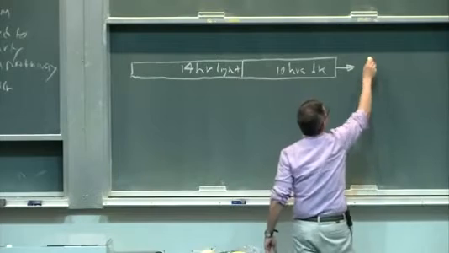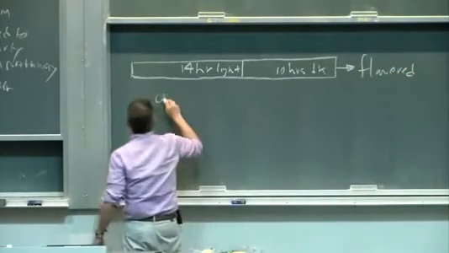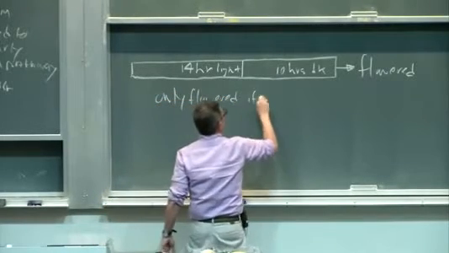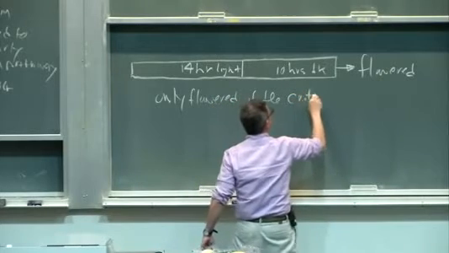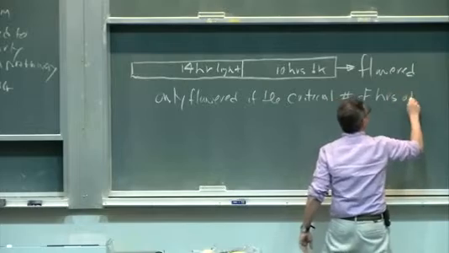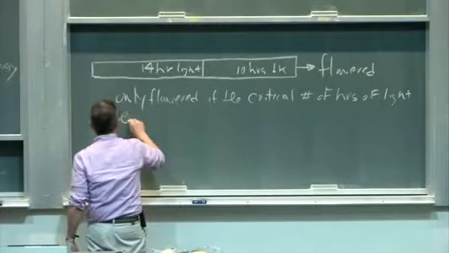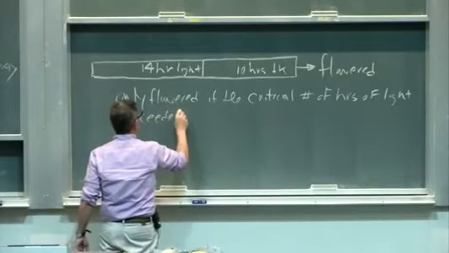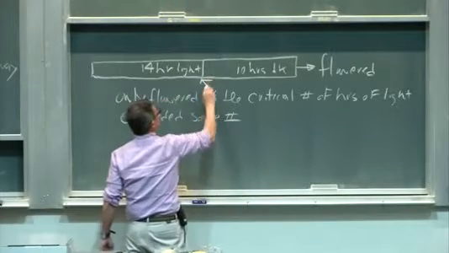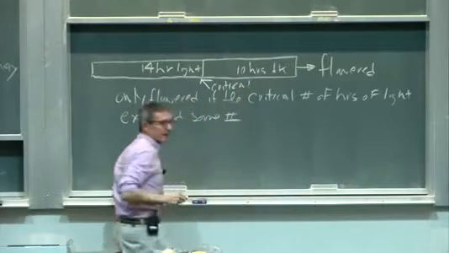These plants flowered, and they only flowered if the critical number of hours of light exceeded some number. And in this particular case, this was the critical number for this particular plant, 14 hours of light.